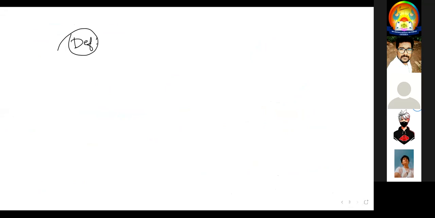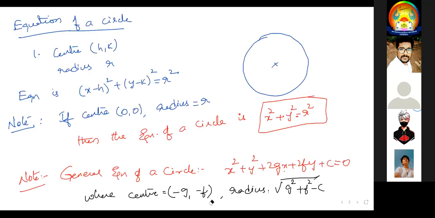The general equation of the circle is x square plus y square plus 2gx plus 2fy plus c equal to 0. If I write the general equation, we should know the center is minus g comma minus f and the radius is as given.